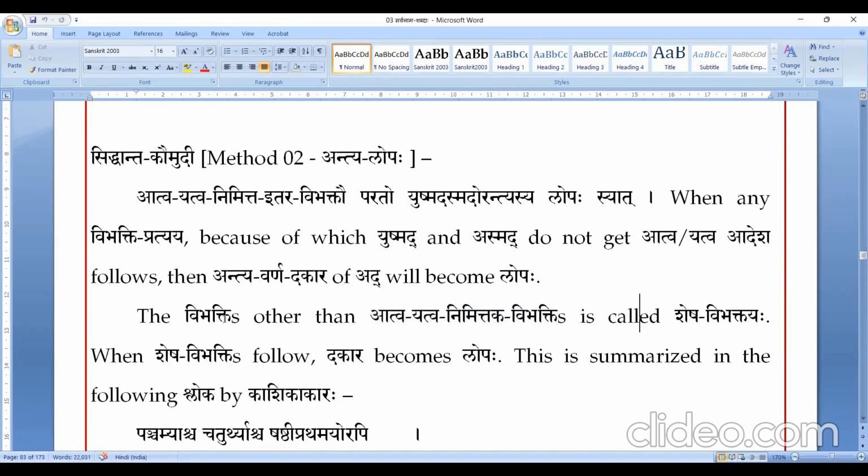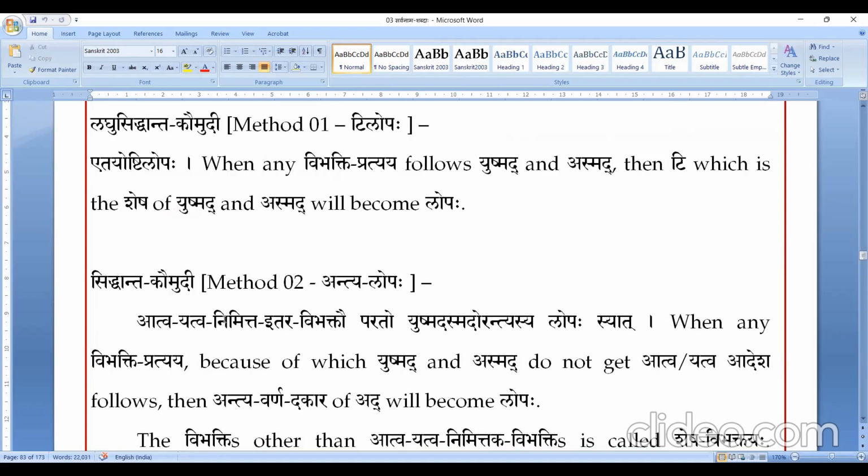Shesha can be interpreted that way also: when other Vibhaktis follow, then Antyasya Dakaraha. This is the difference. Sheshe Lopaha, Sheshe Vibhaktau Pare, Antyasya Lopaha, Dakarasya Lopaha. This is how the Siddhanta Kaumudi interprets, whereas here we say Shesha referring to that Ad.